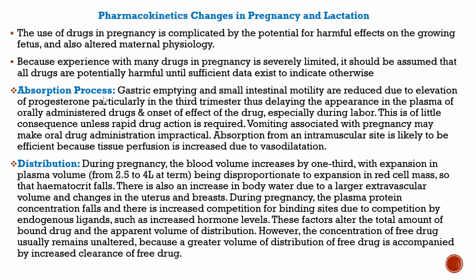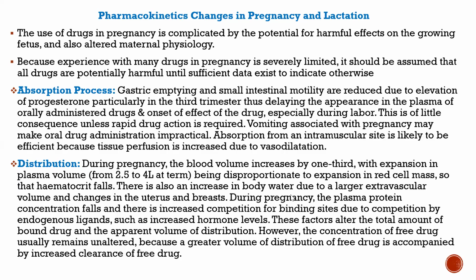All right, so let's talk about distribution, how drugs are distributed in pregnancy. During pregnancy, the blood volume increases by one third, with expansion in plasma volume from almost 2.5 to 4 liters, being disproportionate to expansion in red cell mass. There's also an increase in body water due to large extravascular volumes and changes in the uterus and breast.